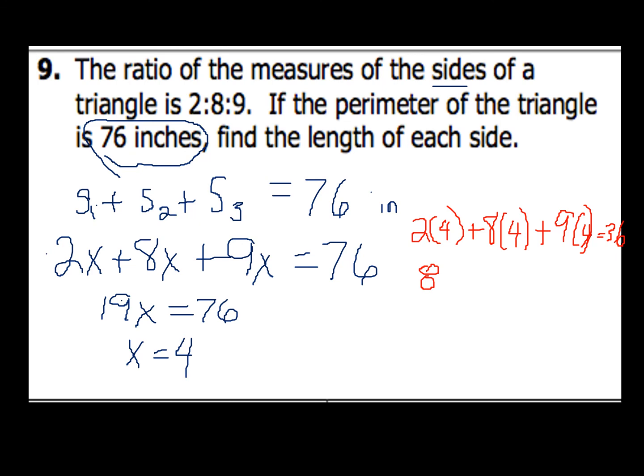Sorry about that. This is 8. This is 32. And then this one is 36. Okay. So what are our sides? Our sides are 8 inches, 32 inches, and 36 inches. Voila.